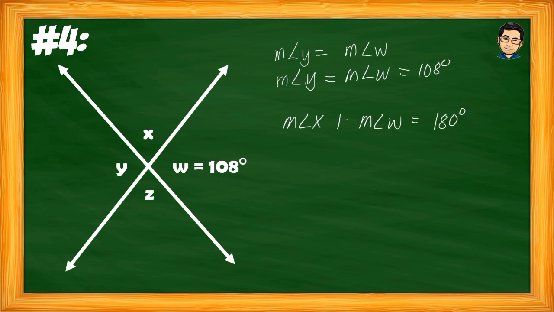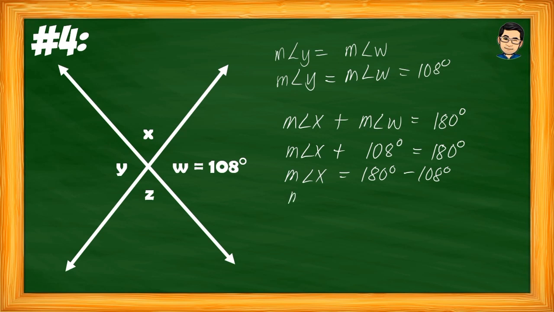So, measure of angle X plus 108 degrees, yung sukat ng angle W. So, measure of angle X is equal to 180 degrees minus 108 degrees. So, applying addition property of equality, angle X is equal to 72 degrees. So, yan po yung sukat ng angle X.